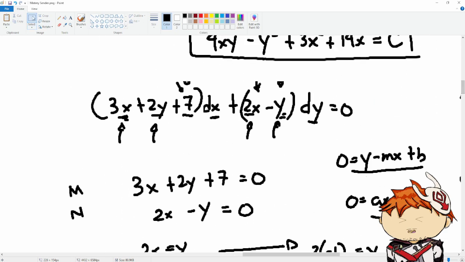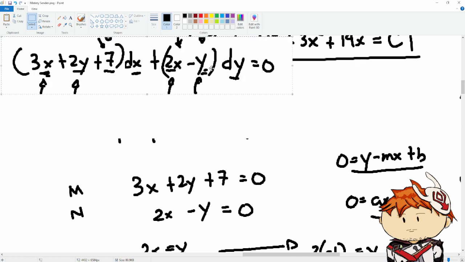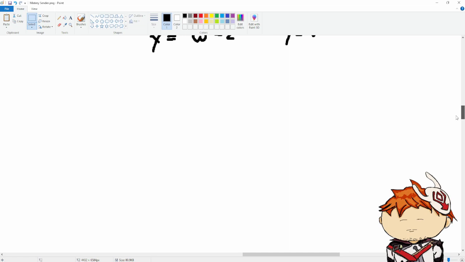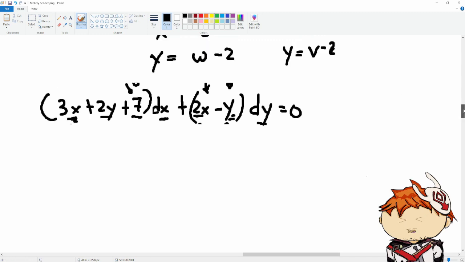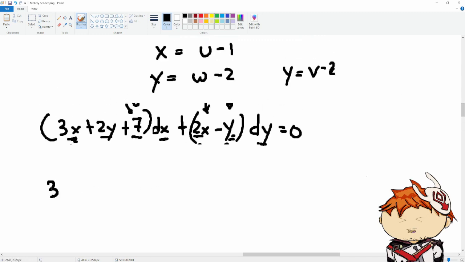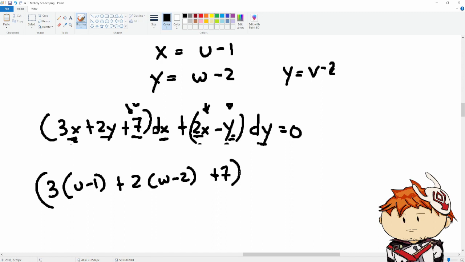Okay, let's write down again. This is our equation. Oh, it's weird. Magic. Okay. So we substitute 3 times u minus 1 plus 2 times w minus 2 plus 7. dx is equal to du. If we differentiate that, dy is equal to dw.